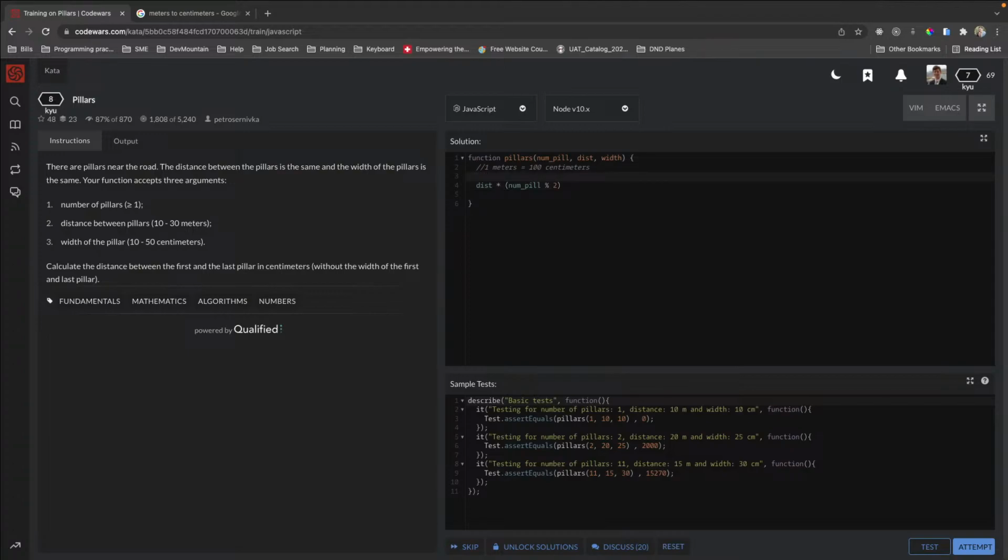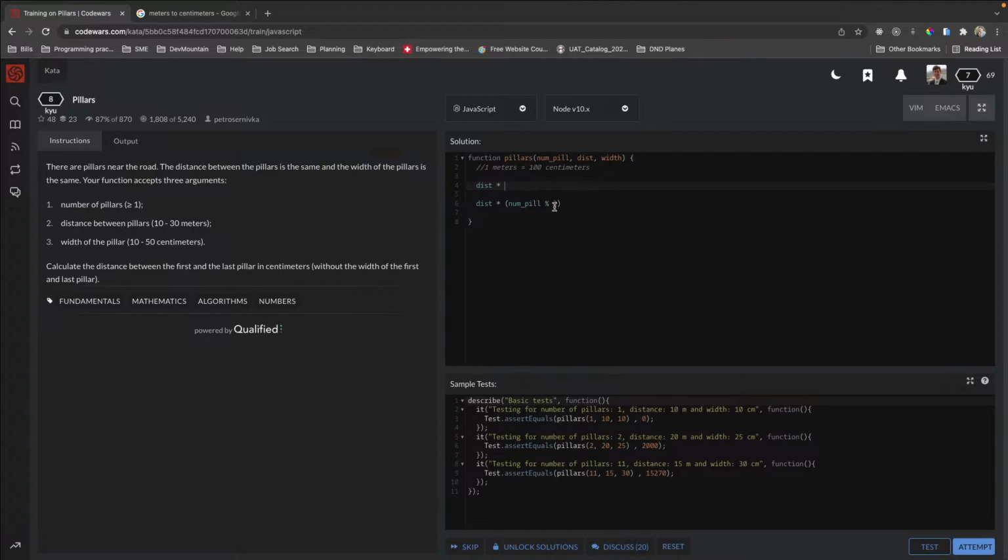All right, what am I thinking? So distance needs to be multiplied by the number of spaces. The number of pillars can let us know how many spaces. If we have 3 pillars, there's 2 spaces. If we have 4 pillars, there's 3 spaces.